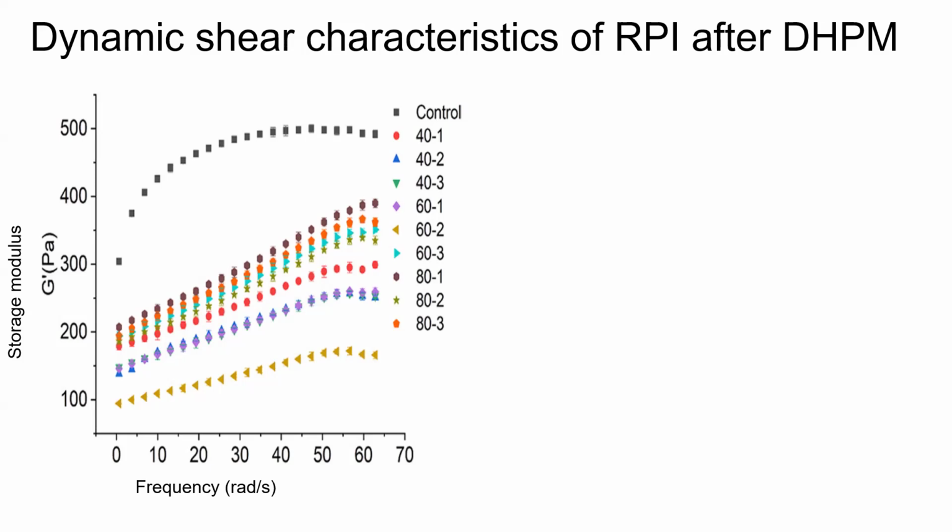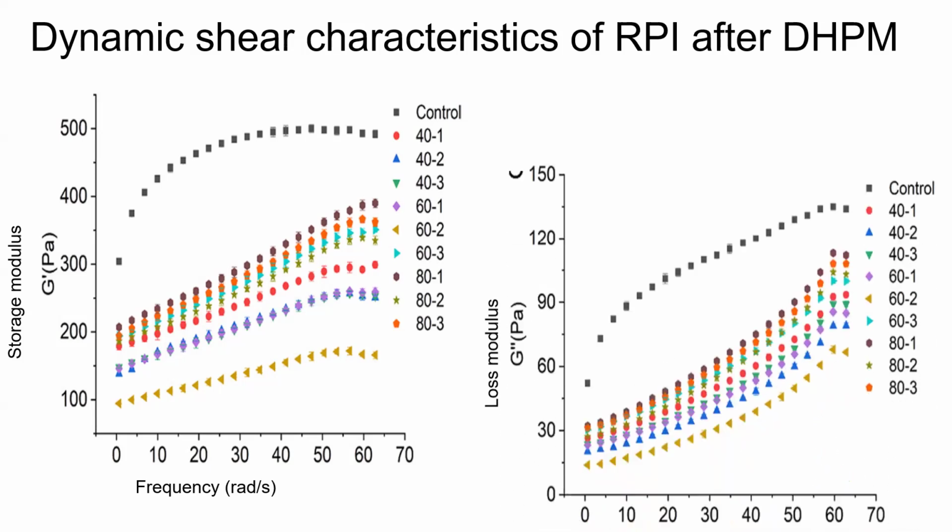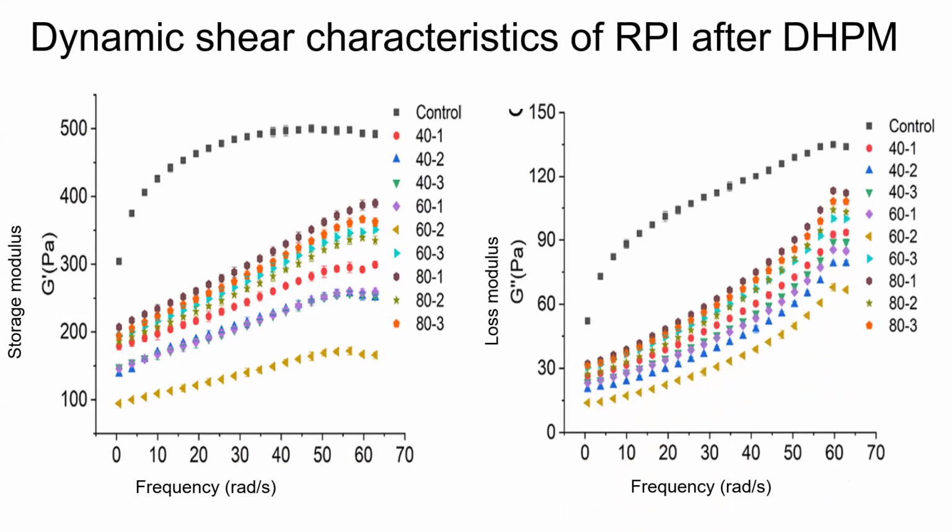In that 15% solution, you see this is storage modulus. This tells how elastic it is. The higher the storage modulus, we can say the sample has more solid-like behavior. If the sample has a higher loss modulus, we can say it has liquid-like behavior.